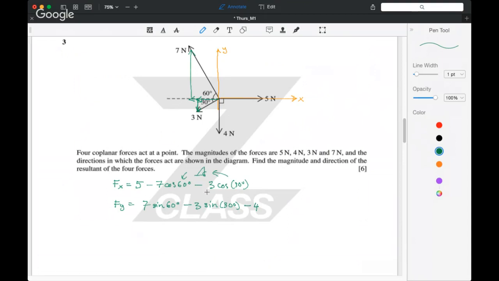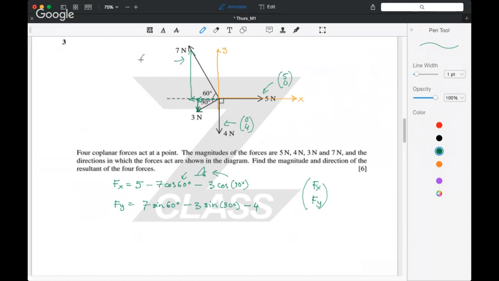Now they want you to give it in terms of magnitude and direction. So really, this thing is just a vector. This is a vector of Fx, Fy, where you could think of it as adding up the vectors. So this vector is 5, 0. This vector is 0, 4.